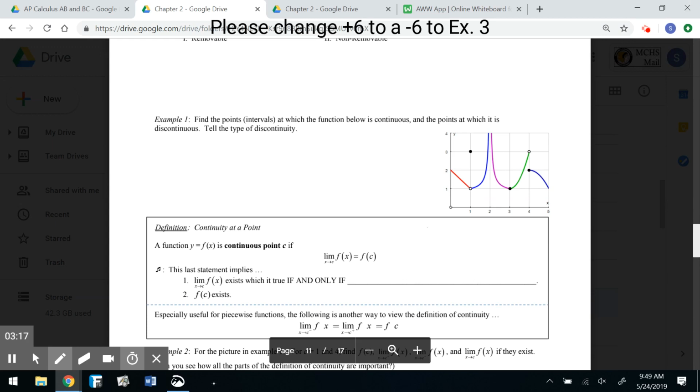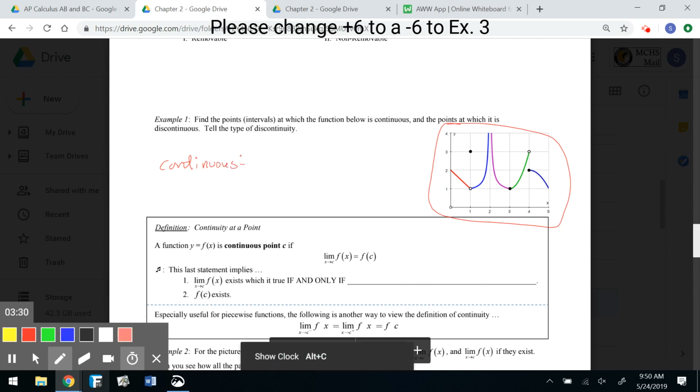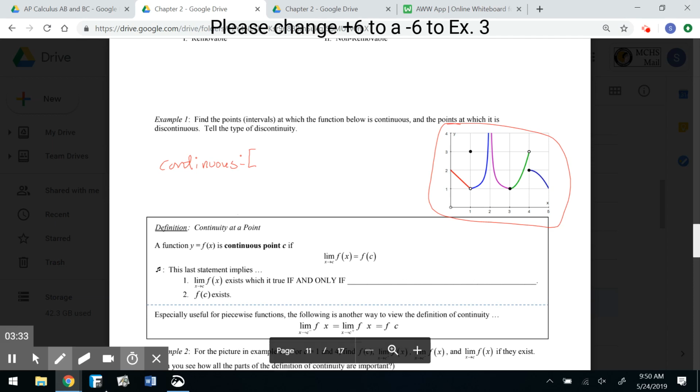And let's go ahead and describe when it would be continuous in interval notation. So this problem right here, this graph would be continuous on the intervals from 0 to 1, union from 1 to 2, union from 2 to, it's colored in there at 3, so we say from 2 to 4, union from 4 to, is that a 6?